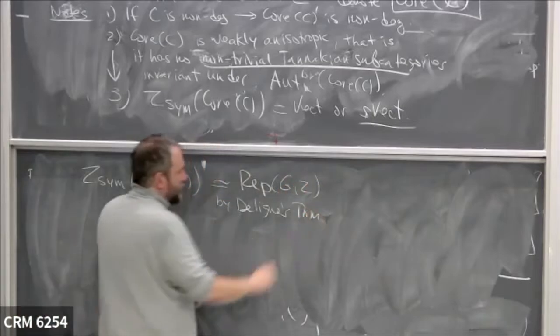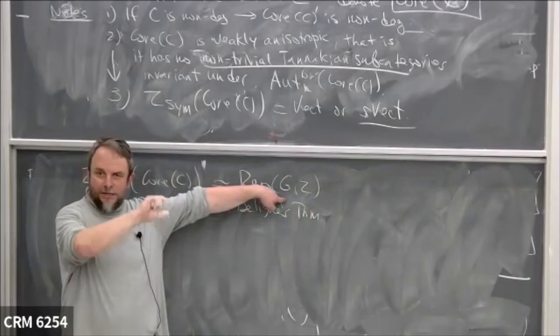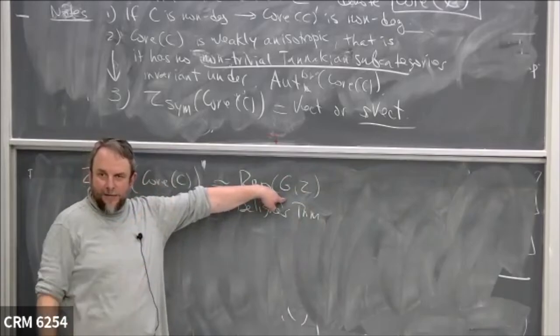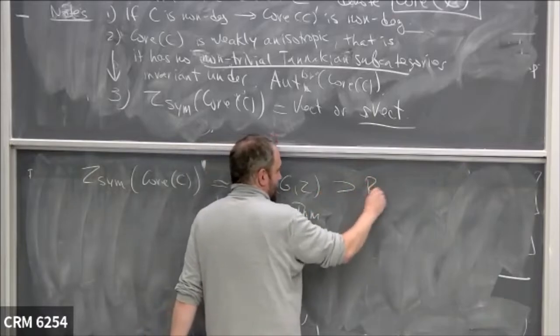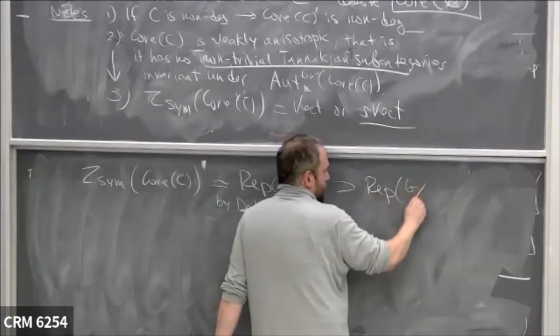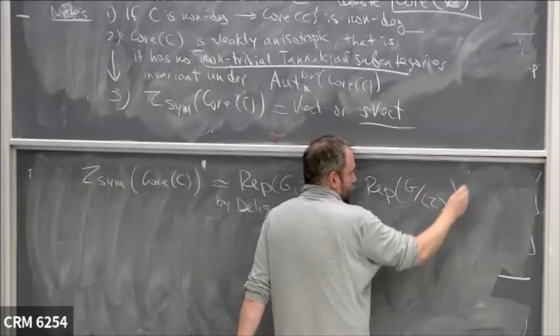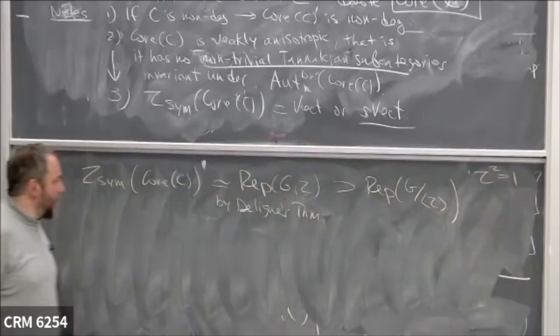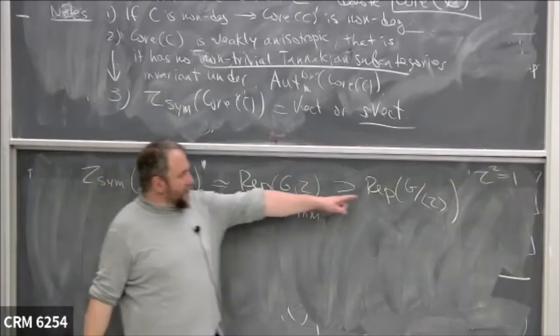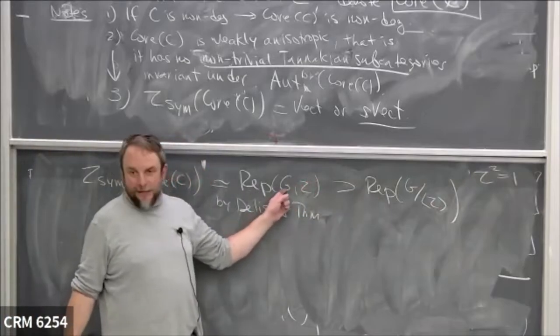So remember what it was. It's representations of G, and the braiding is twisted by this element z, right? But this category would contain a Tannakian subcategory, Rep(G/z). Here the order of z is 2. And this is the unique maximal Tannakian subcategory here.